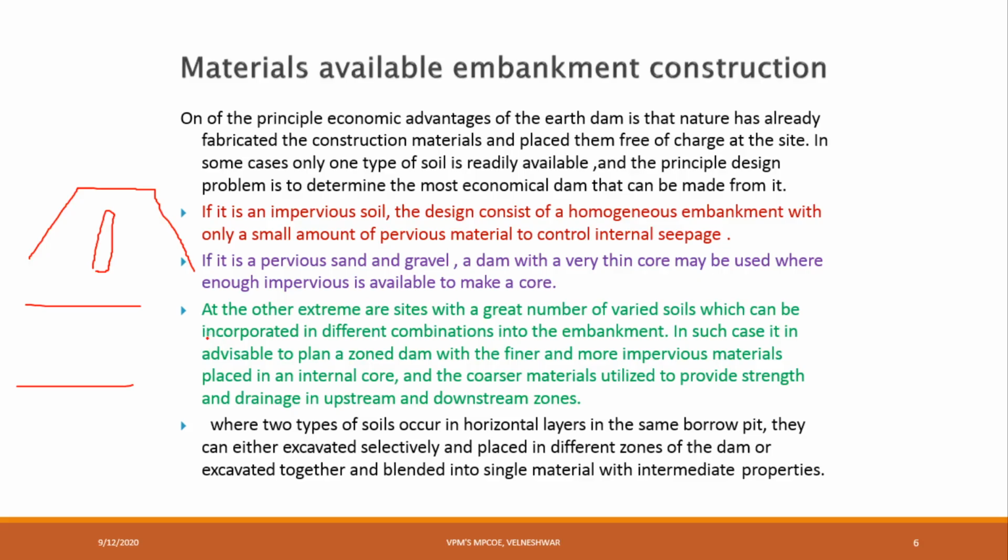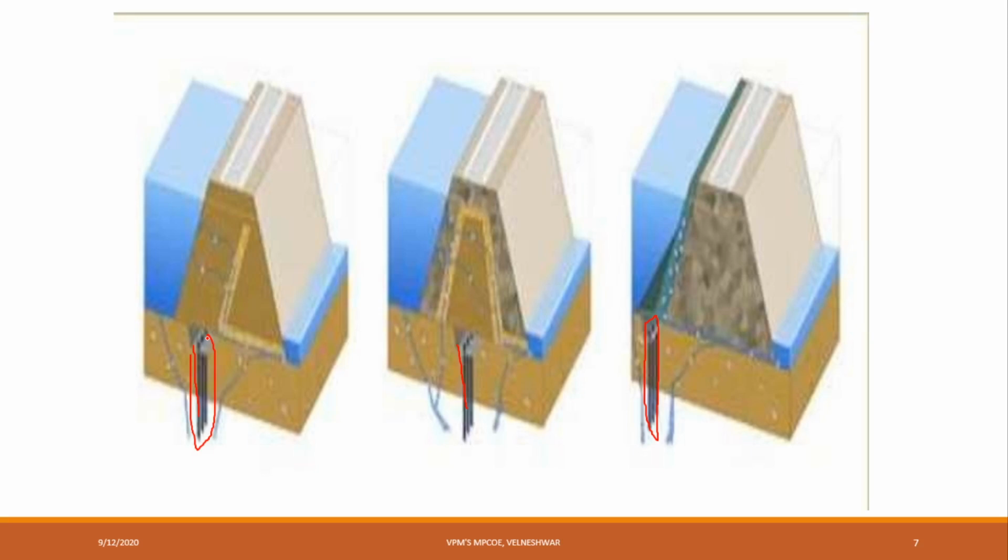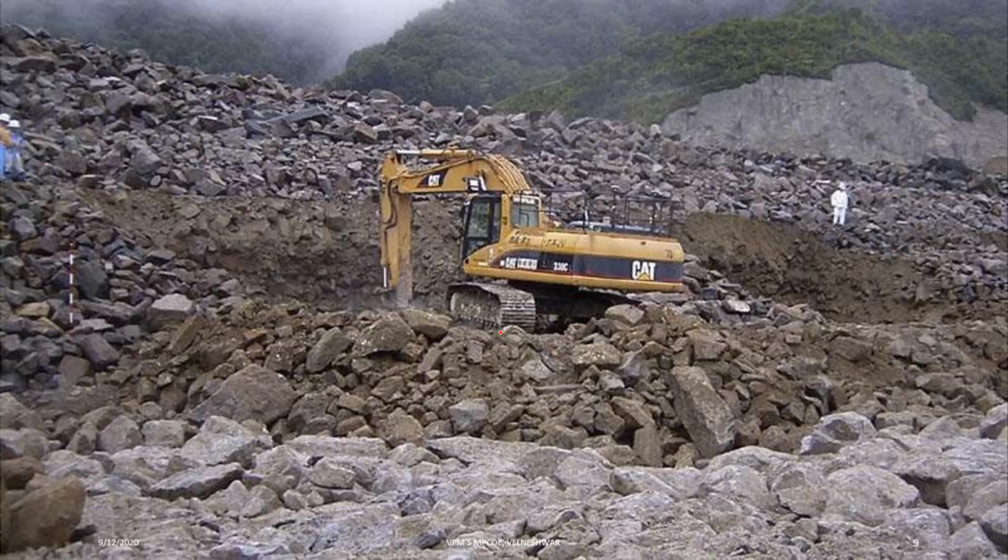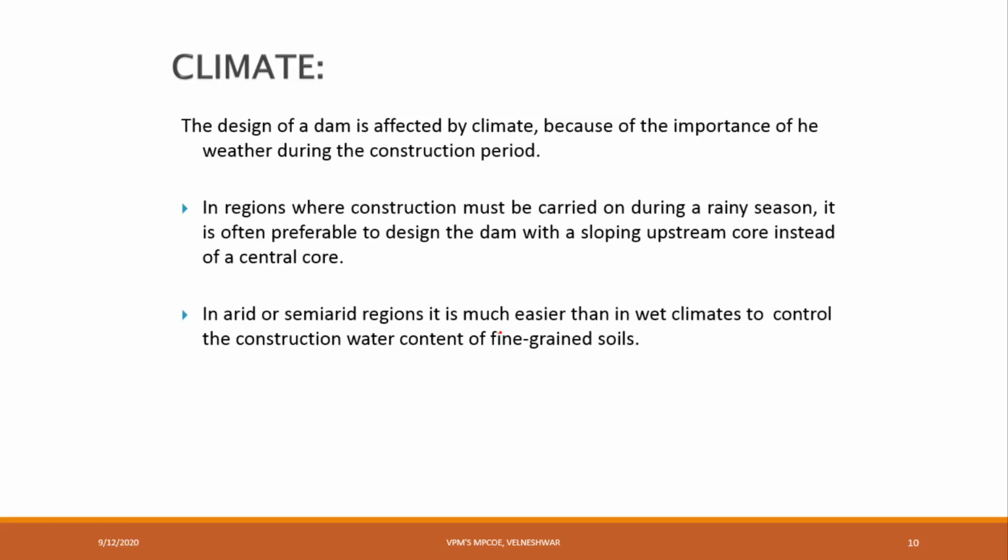In the second image he has provided thick core, and he is providing it in the entire dam. If you provide like this, especially in the rainy season it will be helpful for us. Both upstream and downstream will have some core material. With that, our dam condition will be good.